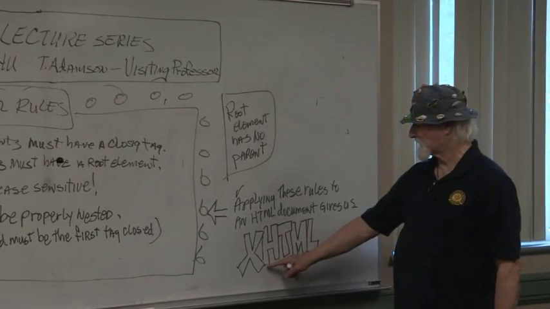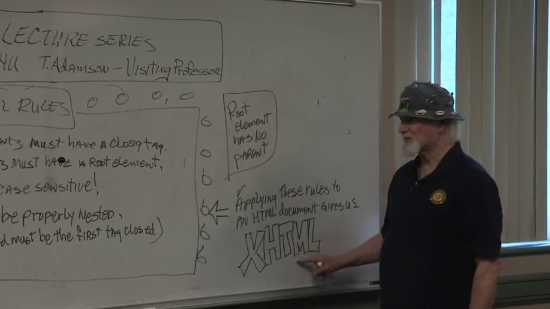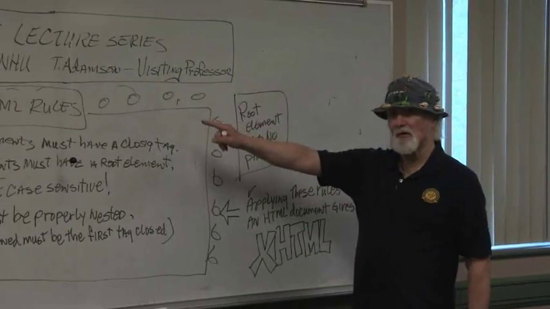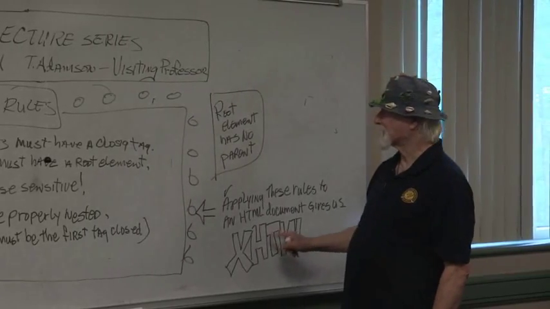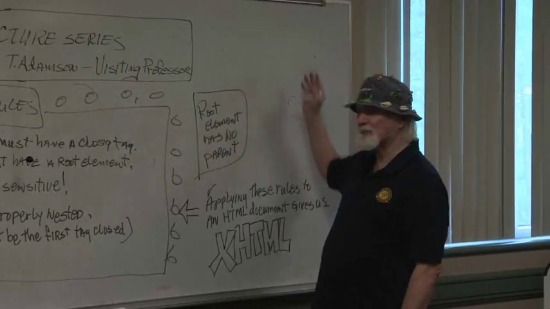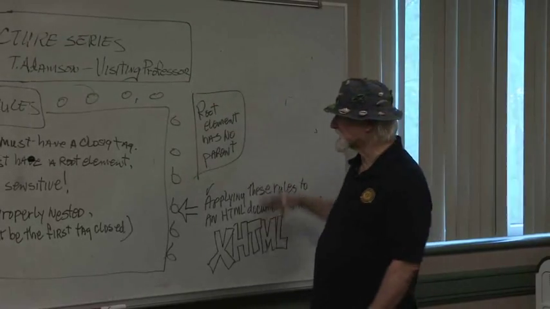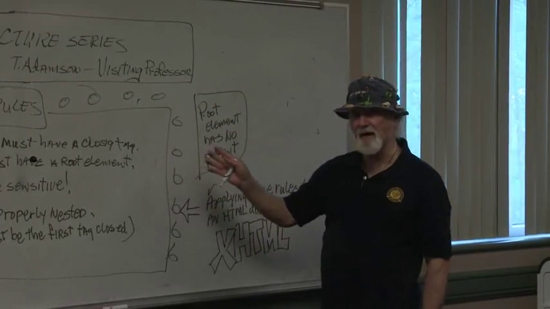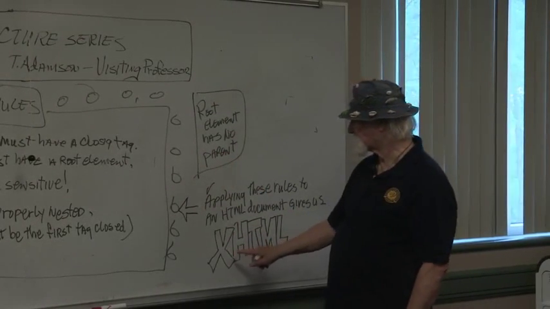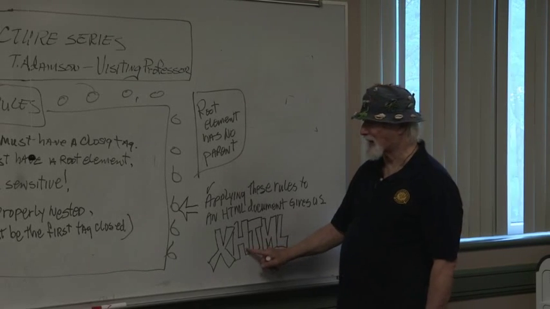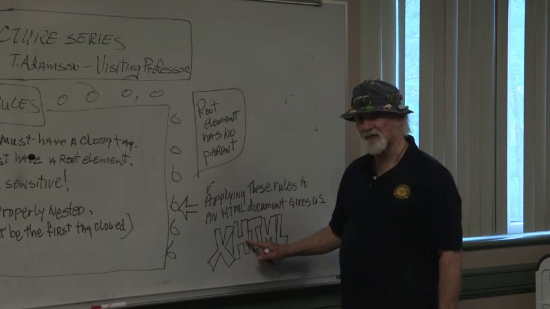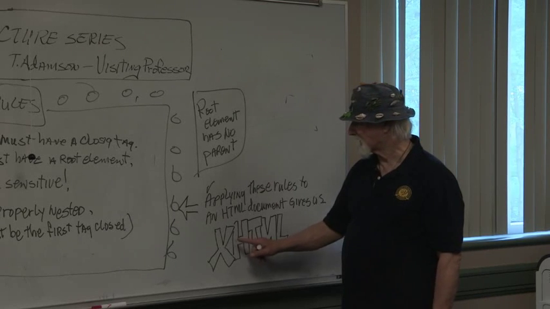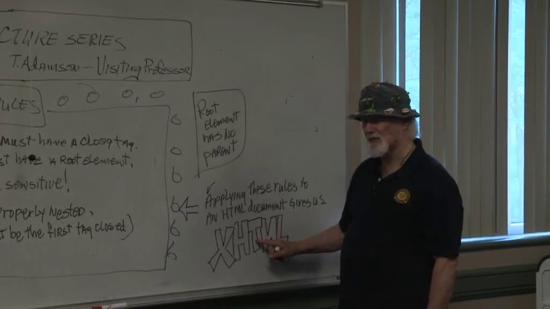So what is XHTML? It's HTML that uses the rules for XML. And what makes that so cool is that now it can be in the cloud and it can be transported all over the place, used for storage, just like XML can. And the only difference is that this is now opened up by a browser with tags that are not necessarily self-describing, but tags that mean something to the HTML document.